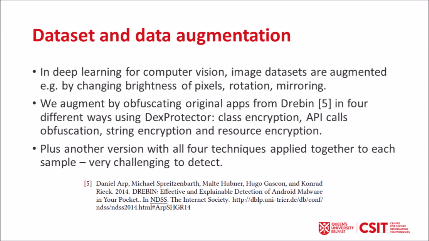We add 5,920 benign apps to that, and then using a real-world enterprise tool called Dex Protector, we obfuscate all those apps in 4 different ways. Class encryption, API calls obfuscation, string encryption, and resource encryption, plus we make another version with all 4 techniques applied together, and this combination makes detection even more difficult.